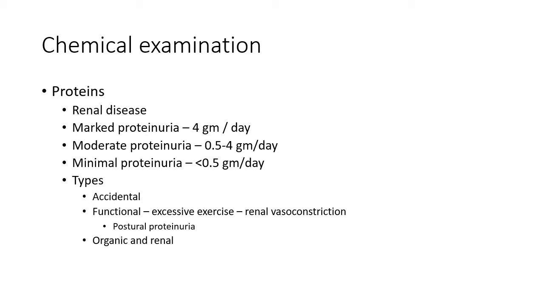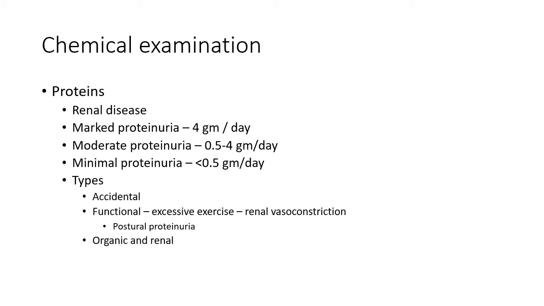Marked proteinuria is when there is excretion of more than 4 grams of protein per day. Moderate proteinuria is 0.5 to 4 grams per day, and minimal proteinuria is less than 0.5 grams per day, and all these occur in different renal diseases.